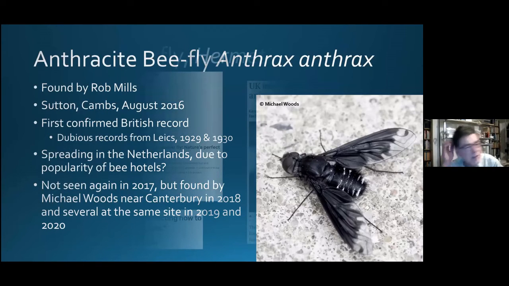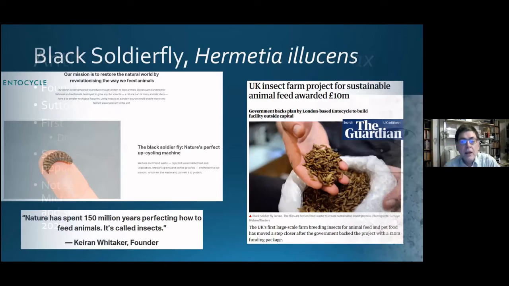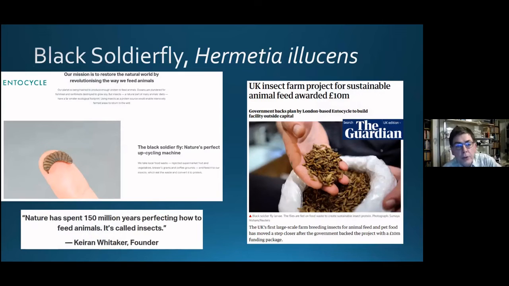The next one, well, perhaps surprise is the wrong word here, because this is something that has been a bit predictable in a way. There is a species called the black soldierfly, Hermetia illucens, which is not a native UK species, but for quite a long time now there have been people breeding it in Britain, because it is used for a number of interesting things.